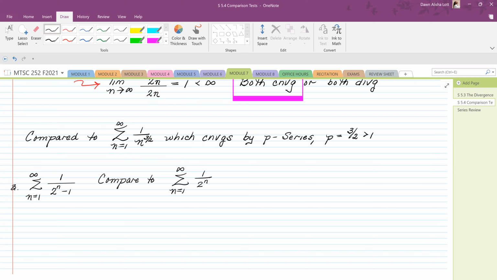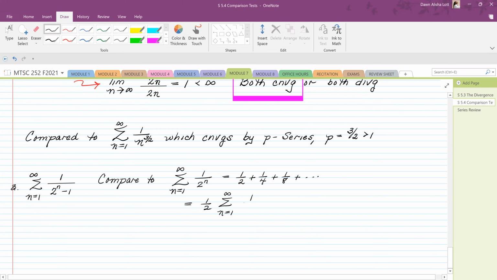This series is 1/2 plus 1/4 plus 1/8 plus dot, dot, dot. If I factor out a 1/2, this series is equal to 1/2 times the sum n equals 1 to infinity of 1 over 2 to the n minus 1.